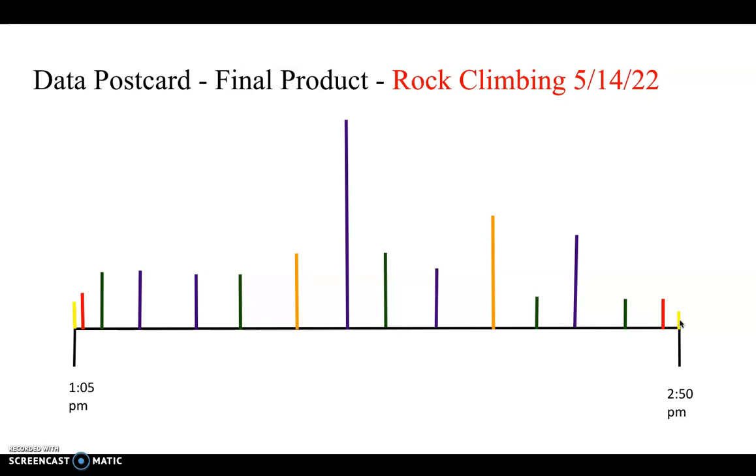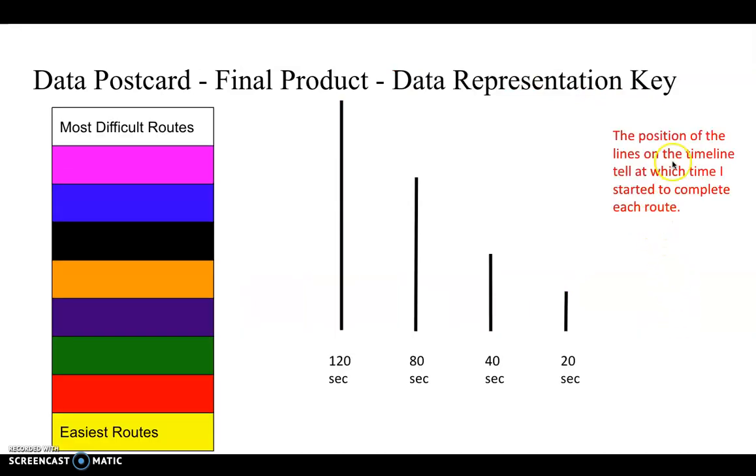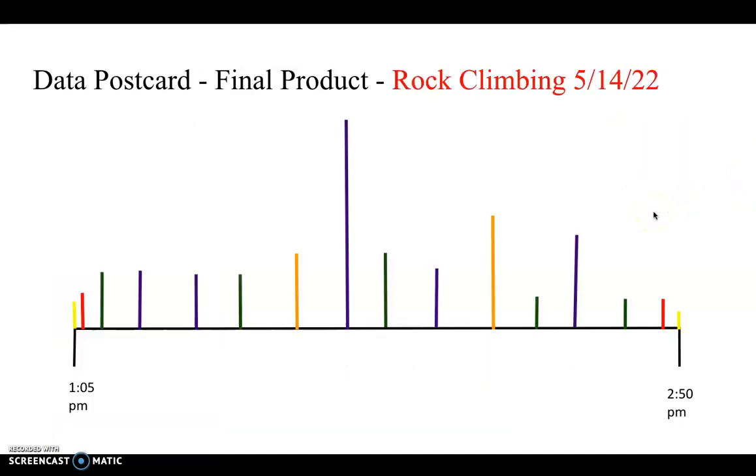Okay, and so then the last thing that I represented on this postcard was a timeline, and the position of the lines on the timeline tell at which time I started to complete each route. So you can see I started this yellow route at 1:05, and I started this yellow route at 2:05.